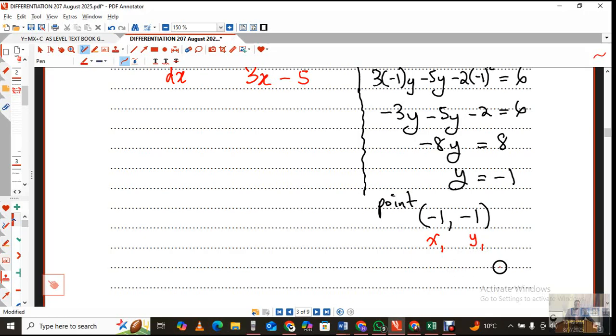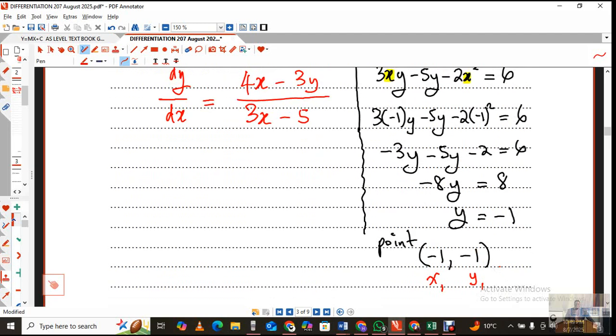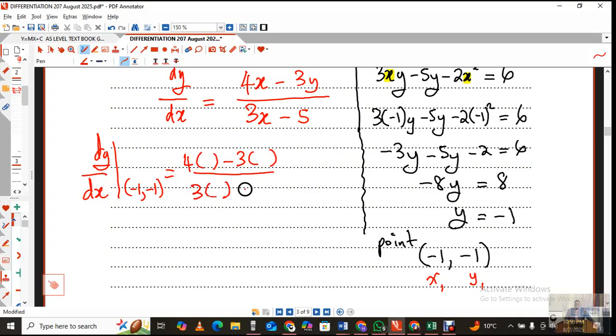Now, when you calculate the normal, we need to find what the gradient is. So the gradient, now that we have our value of x and y, dy/dx where x is -1 and y is -1, we are going to substitute our values of x and y within this.